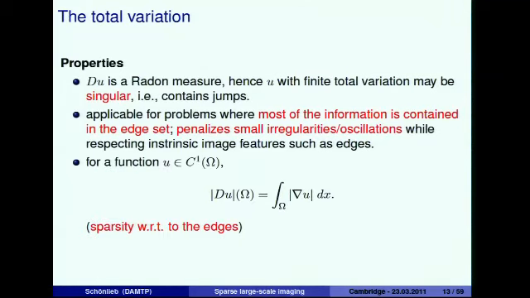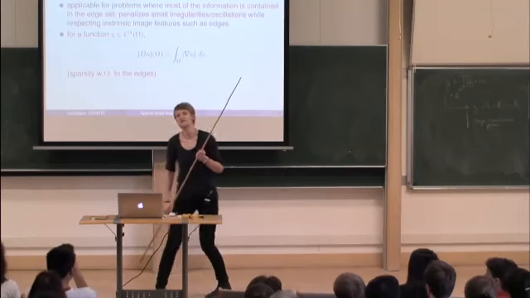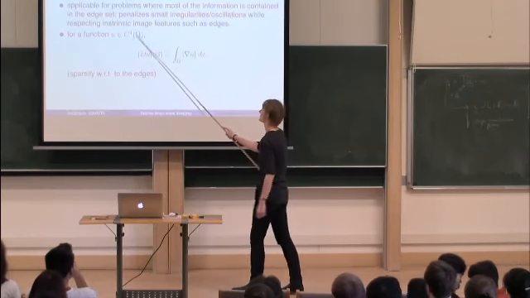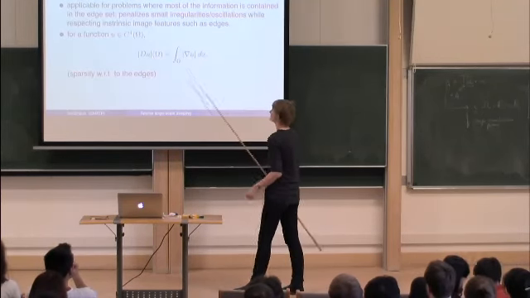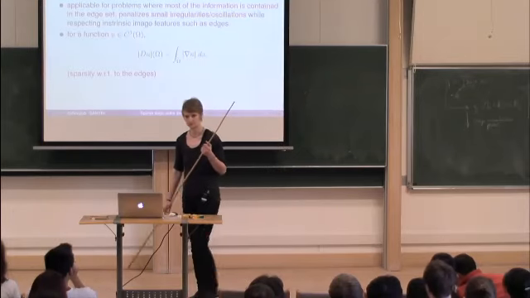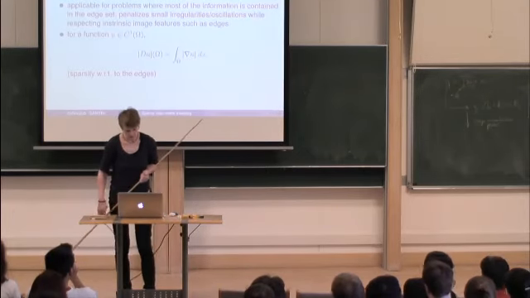And to go back again to the L1 norm of the gradient of u, this relation is true if you have a continuously differentiable function. And it's even true if you have a W^{1,1} function, but then you have the distributional gradient as well. Okay? So that's important.